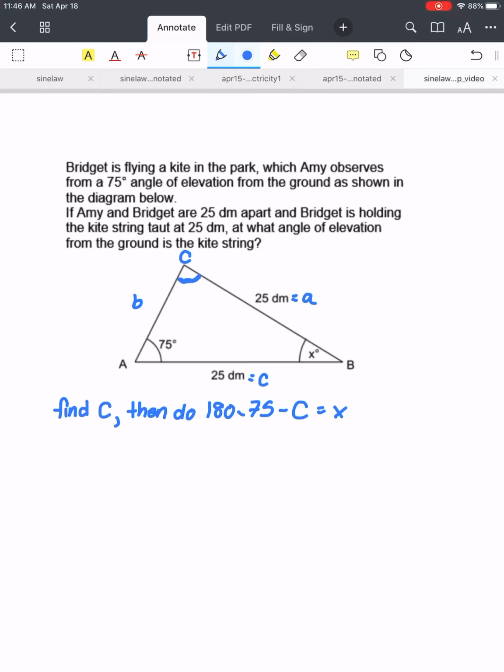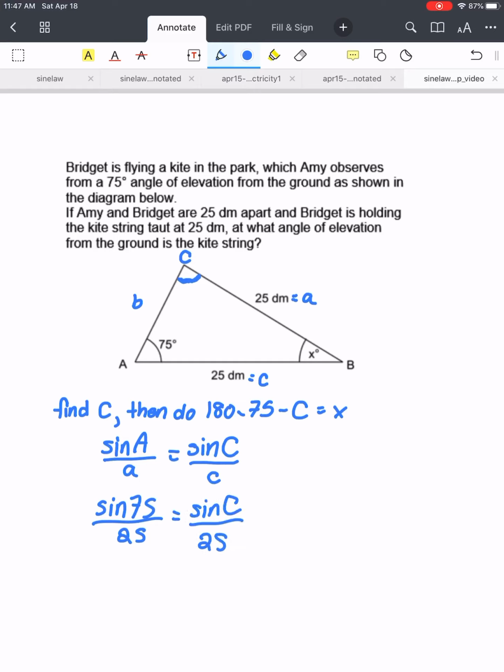So let's set this up. Sine A over a is equal to sine C over c. So sine of A, 75, over 25 is equal to sine C over, well, also 25.